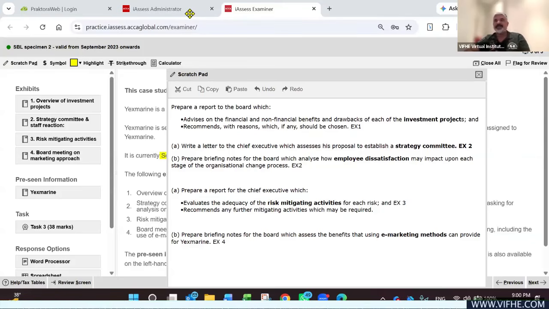In fact, in this question, all the requirements have an exhibit. This is unusual. In most of the papers, there will be at least one requirement which does not have an exhibit. So be prepared for it.